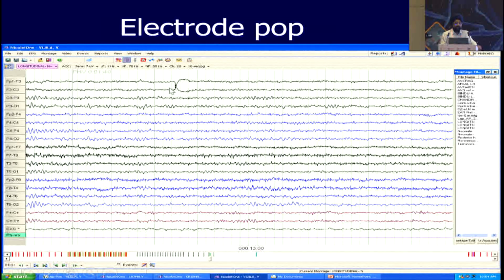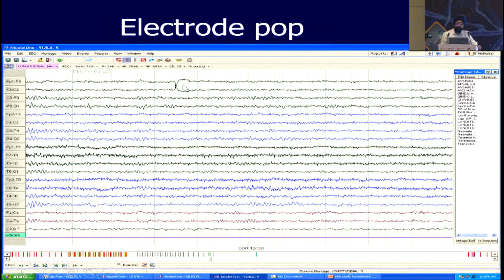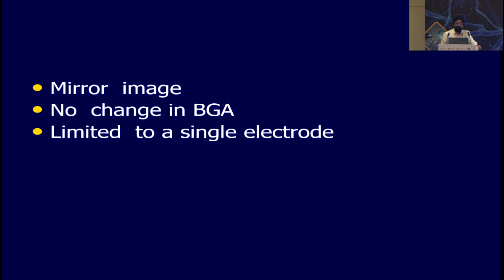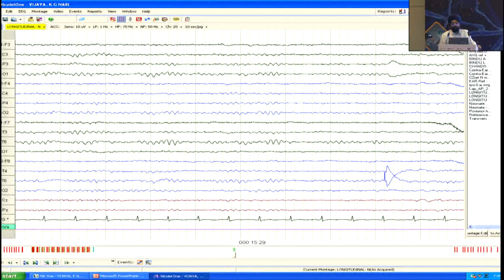We can see at left FP1, F3, C3 there is a sudden pop, localized to a single channel. There is no field in any of the other channels. Usually it's a mirror image, the up and down will have the same image, with no change in the background activity, limited to a single electrode.